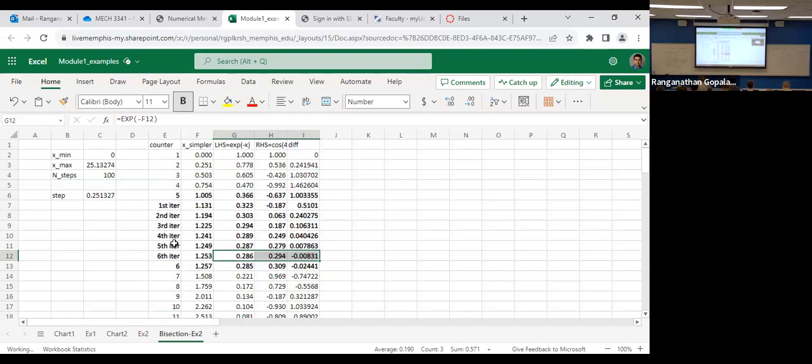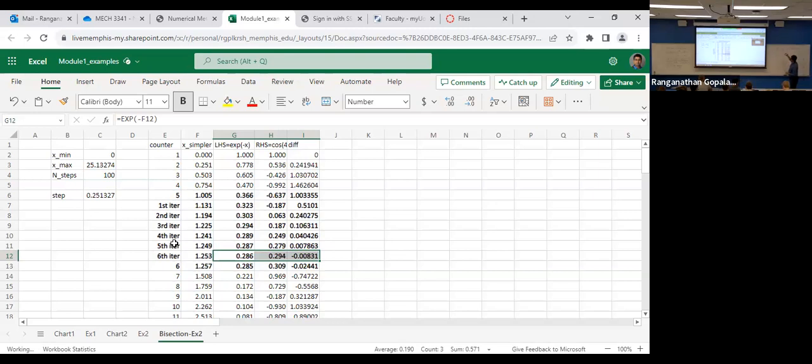In numerical methods, as you will find out, in this class as well as in your laboratory courses, it's not enough if you punch and crunch numbers. You will have to make a statement at the end stating what your conclusion is. So I'm going to state a conclusion saying x equal to 1.249.